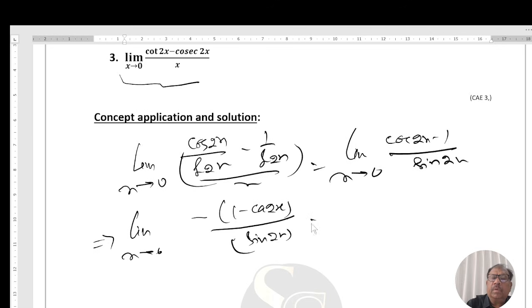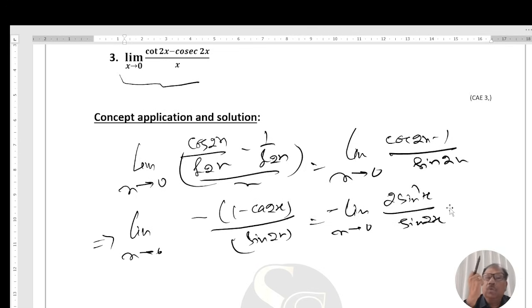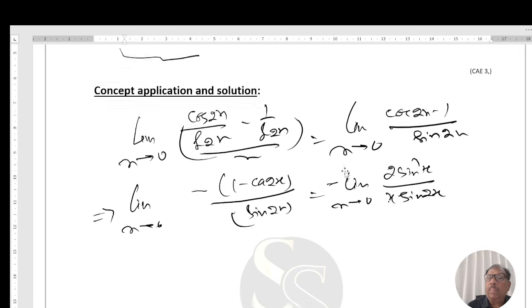Its direct answer is also there: limit x tends to 0, minus 2 sin square x upon sin of 2x, into x is running here.